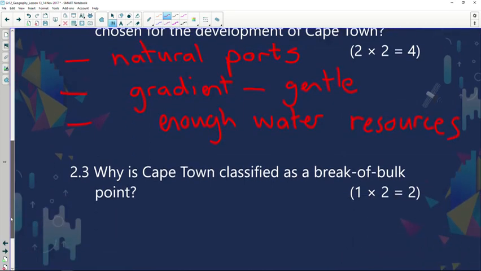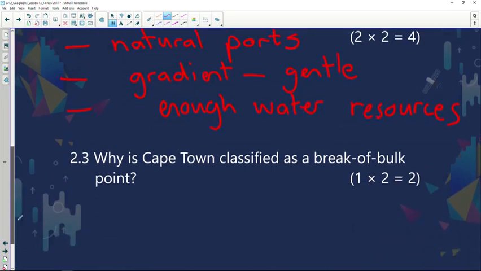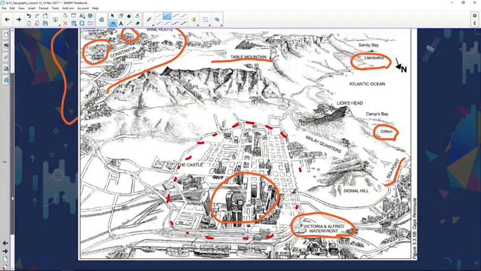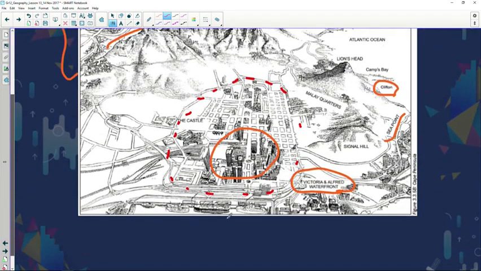Now the next question, why is Cape Town classified as a break of bulk point? Now the dead giveaway over there, if we go back to our diagram, as you can see the ship situated over there, this is the port, the harbour. Now break of bulk point, we've learned in our settlement section, is when goods come in one form of transport and leave in another form of transport.